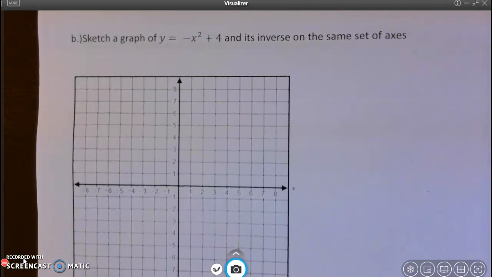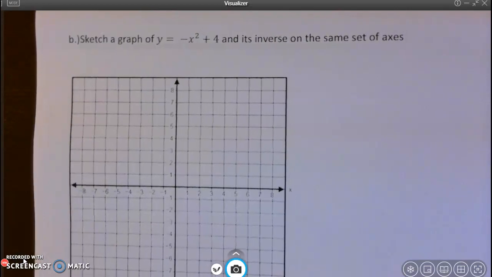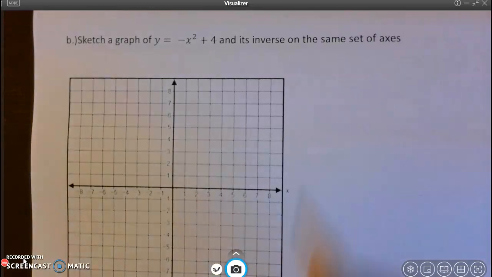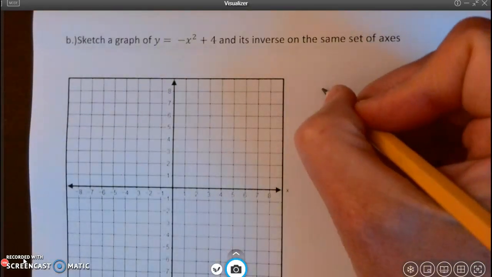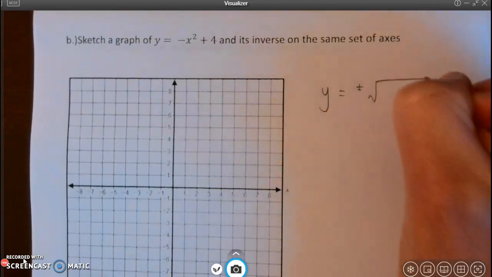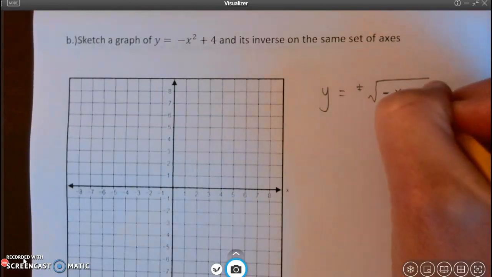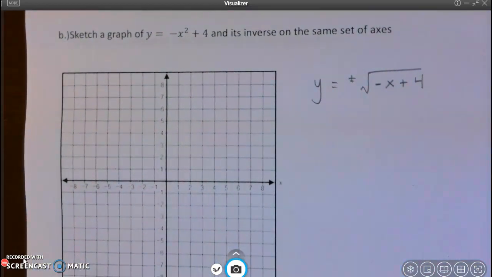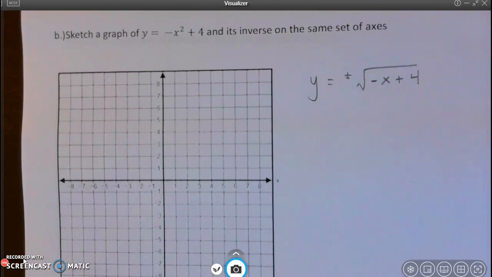Part B asks me to sketch a graph of y equals negative x squared plus 4 and its inverse on the same set of axes. Let's remember that the inverse is y equals plus or minus the square root of negative x plus 4. So what I thought we would do is go to the graphing calculator so that we can see all these parts of the graph, and then we'll sketch them on this graph.